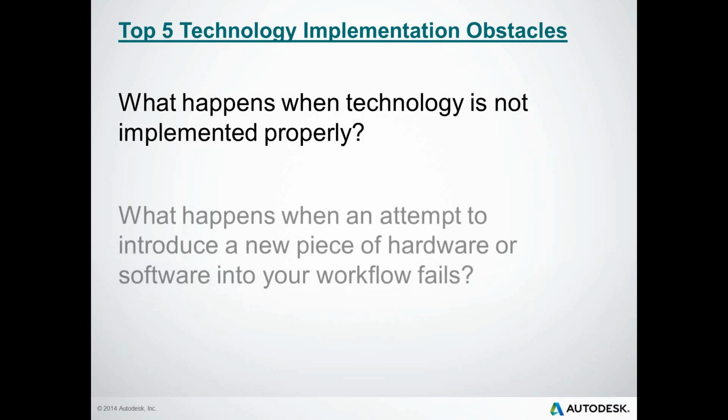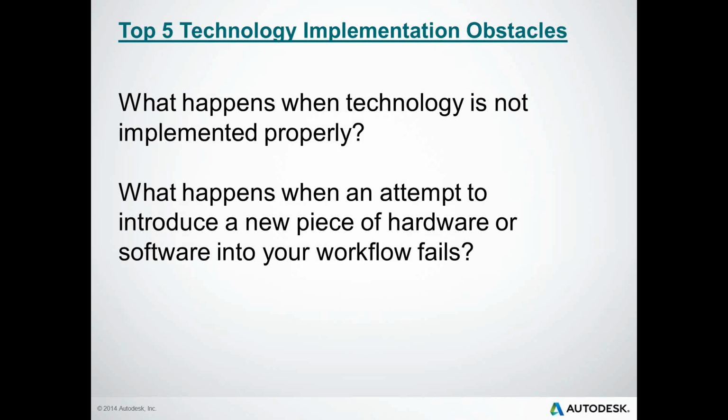So like any other implementation, let's say you wanted to put in a new accounting system. That requires transition from one application to another, and the same with Civil 3D. Also, simply put, nothing good comes of that. So one of the things I'm going to talk about today is the top 5 technology implementation obstacles.